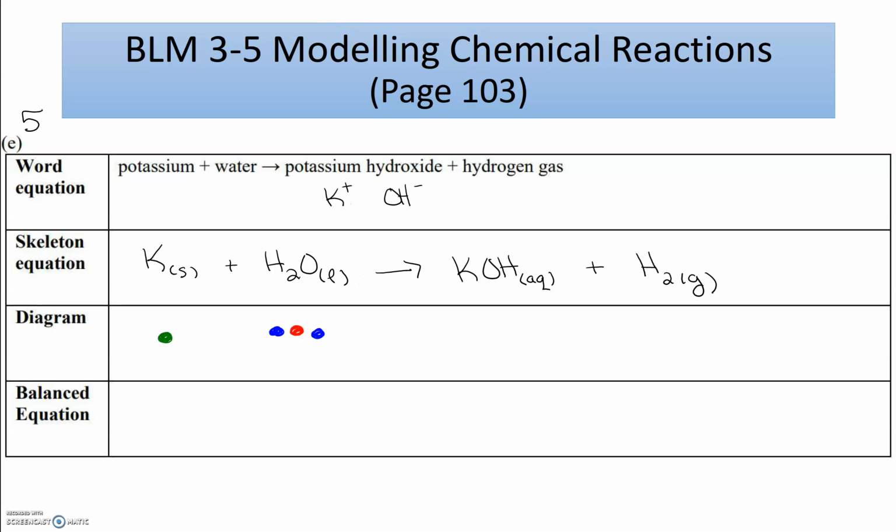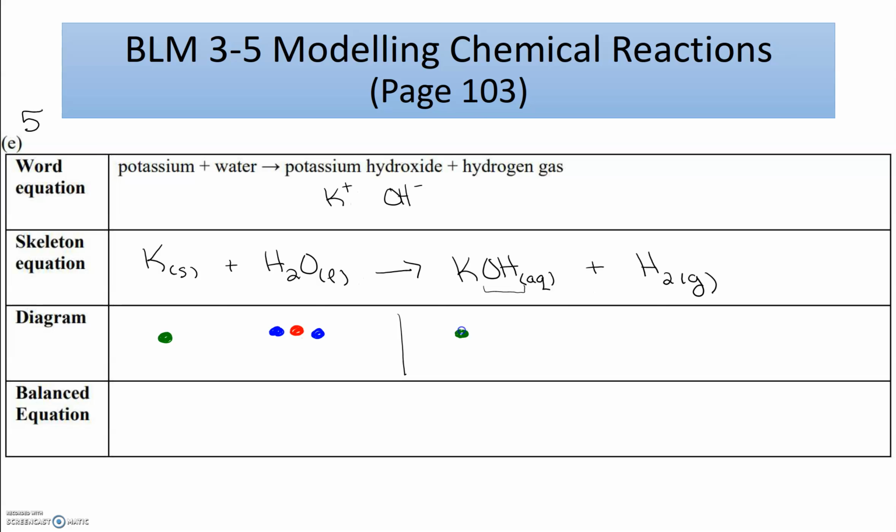Now when I go to do my product, I've got potassium hydroxide, and I want to treat the hydroxide. I can treat them one of 2 ways. I can treat them as a unit when we're dealing with polyatomic ions. That's the easiest way. Or I can treat them as individuals. So let's do the individual first and see how that turns out.